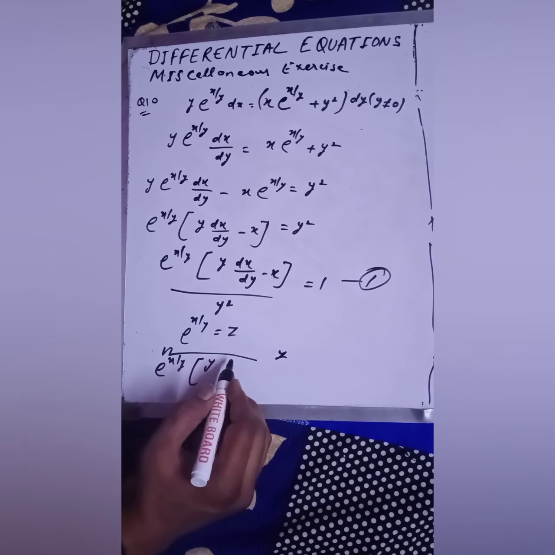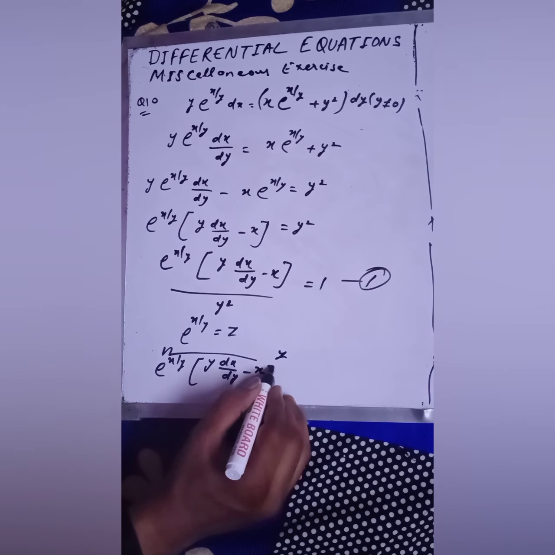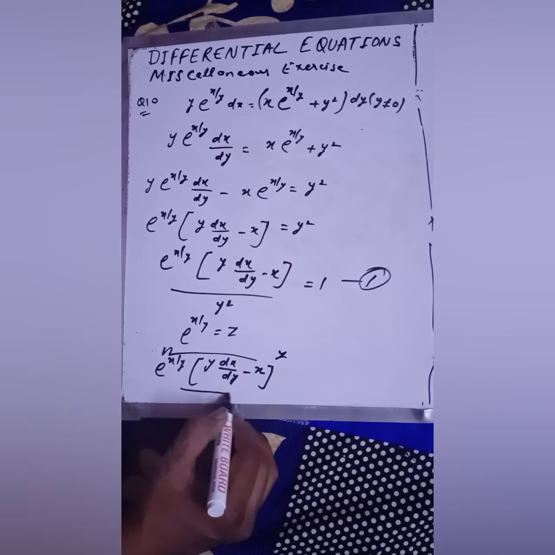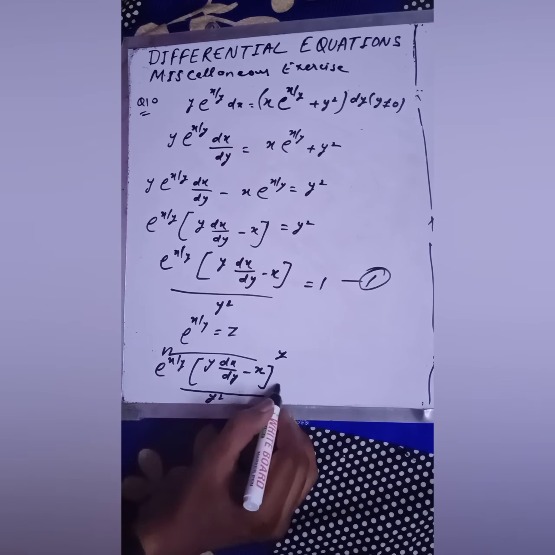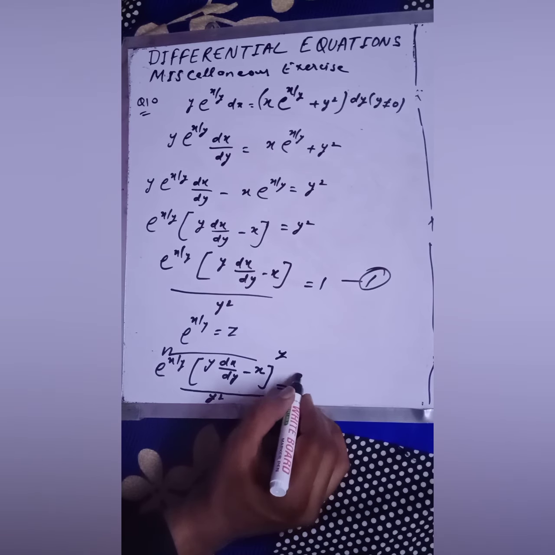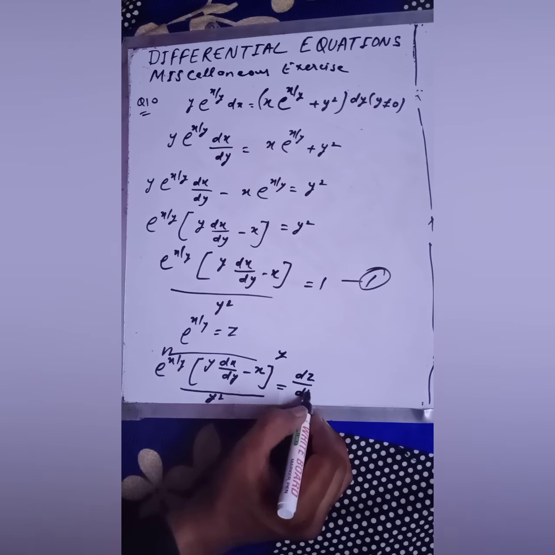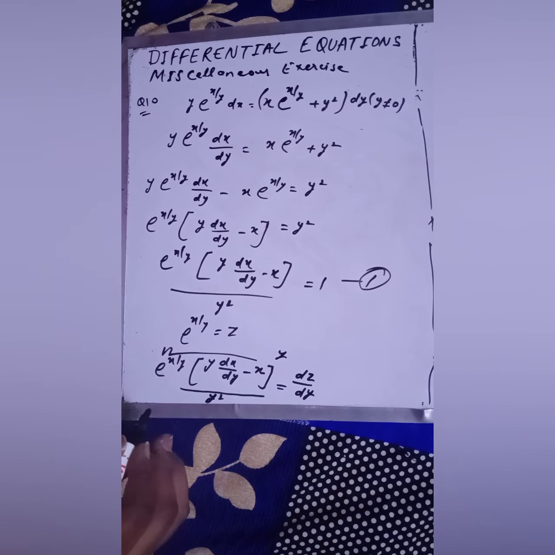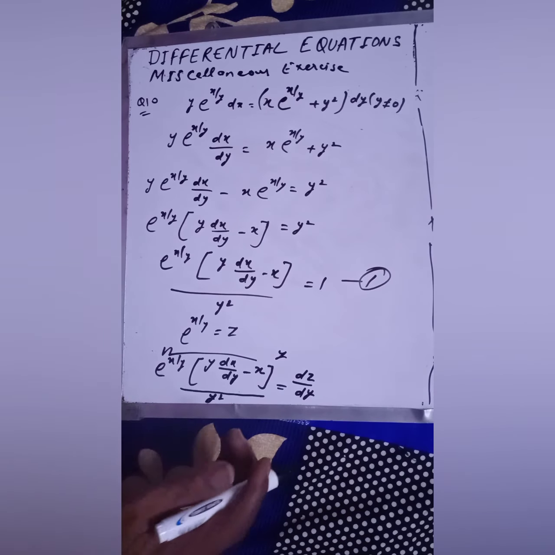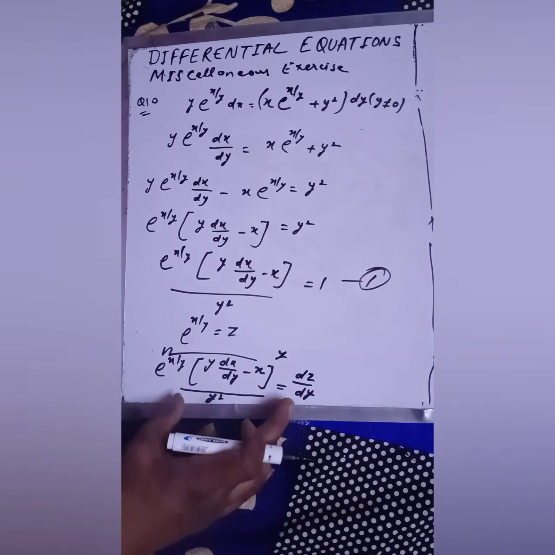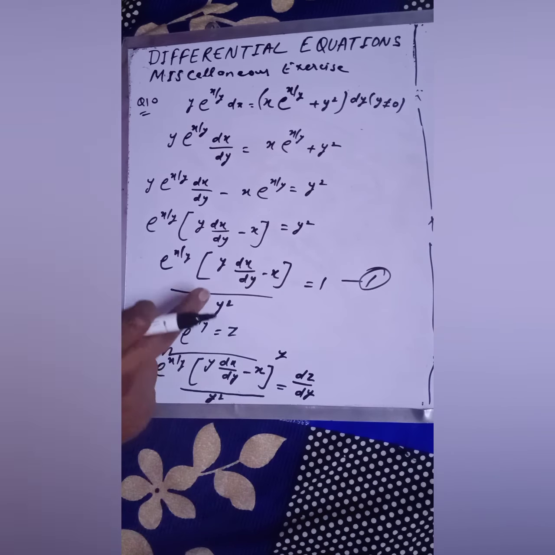Your x would be dx by dy minus, now your x will remain same, your y would be 1, this whole over y square, that is equals to dz over dy. Okay, so as you can see, they are matching.